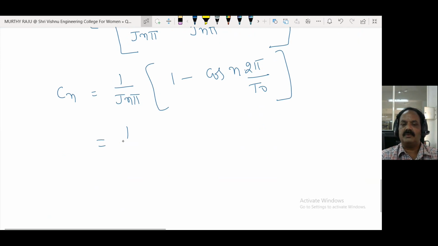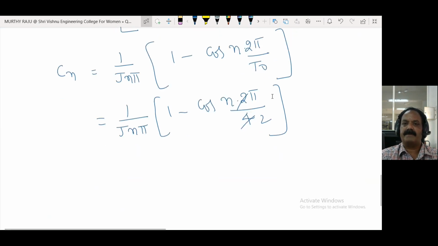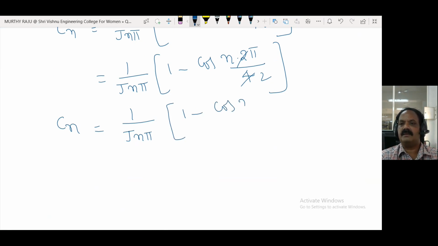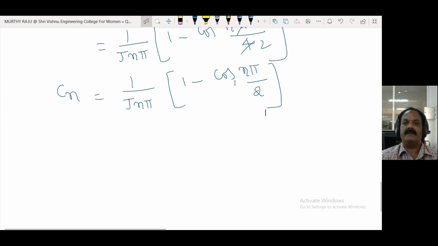That is equal to 1 by j n pi, 1 minus cos n 2 pi by T naught, T naught is 4, means 2 times. Cn is equal to 1 by j n pi, 1 minus cos n pi by 2.